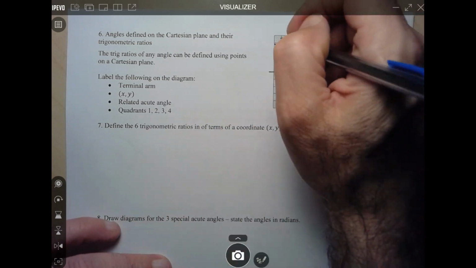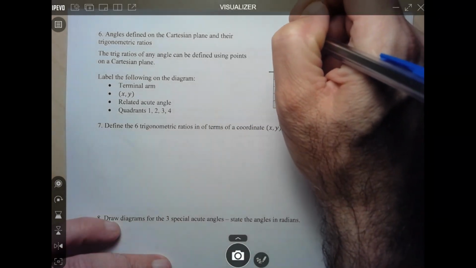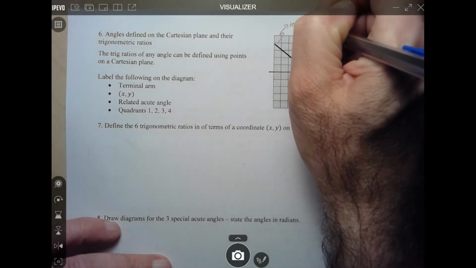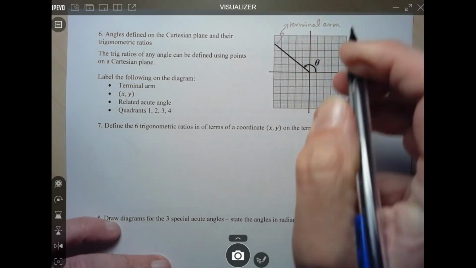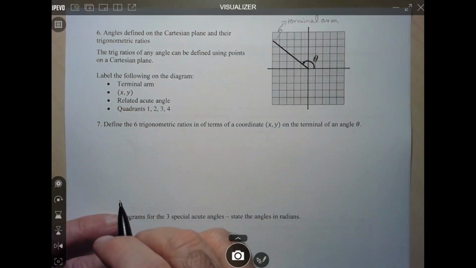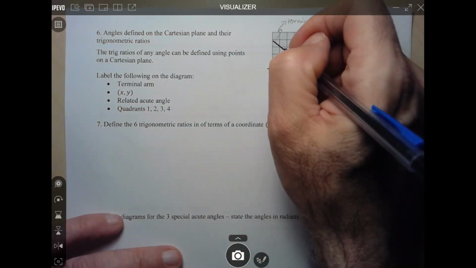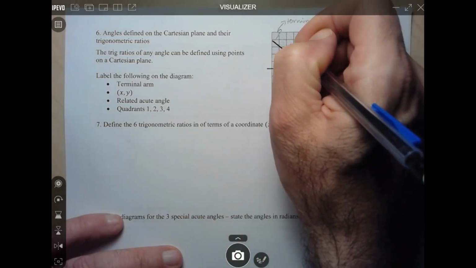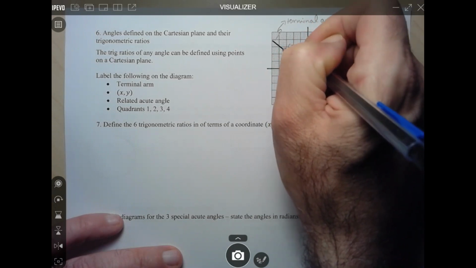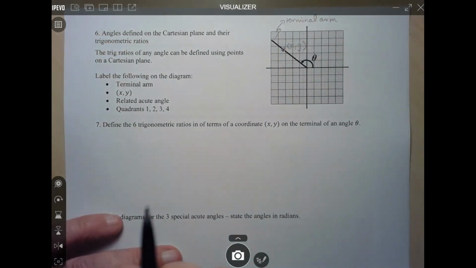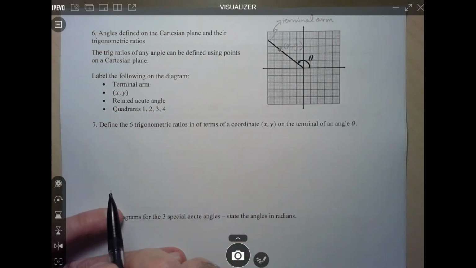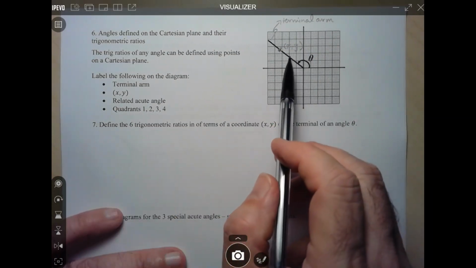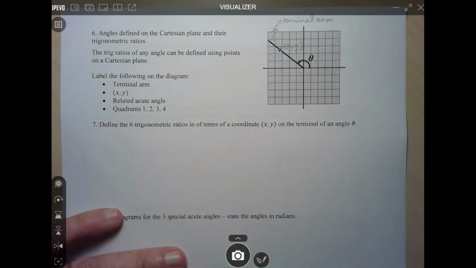This is the terminal arm, so that's where the angle ends. (x, y) represents any point on this terminal arm. Similar to the similar triangles that you would have worked with in grade 10, whether I pick this point or that point doesn't matter. It produces the same ratios.